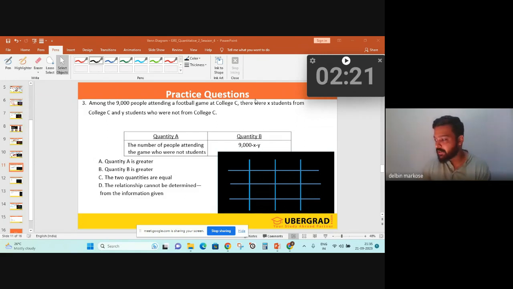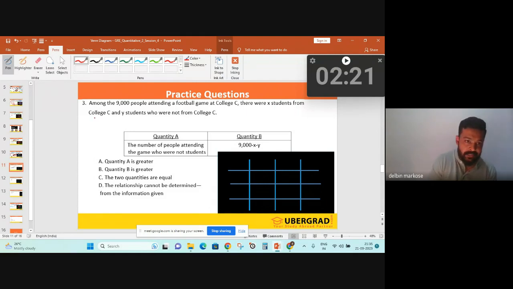Okay, so let me write the category. When I read this question, among the 9,000 people attending a football game at College C, there were X students from College C and Y students who were not from College C. The number of people attending the game who were not students, right?